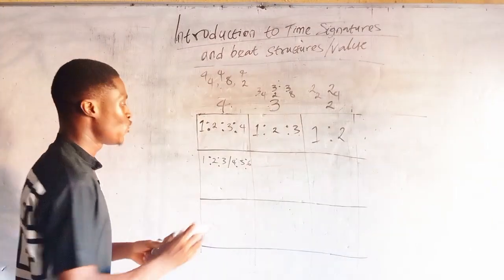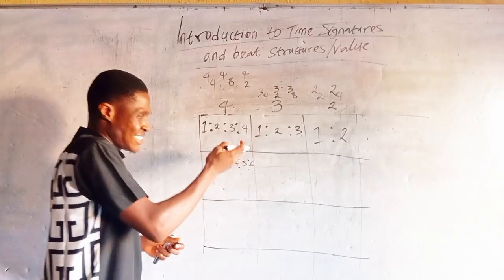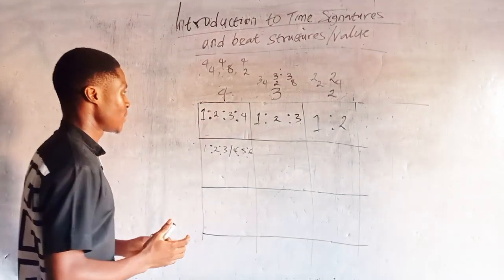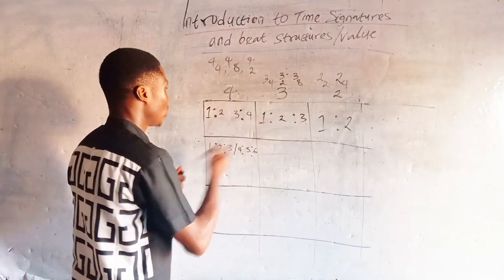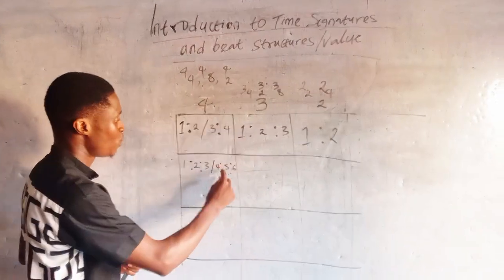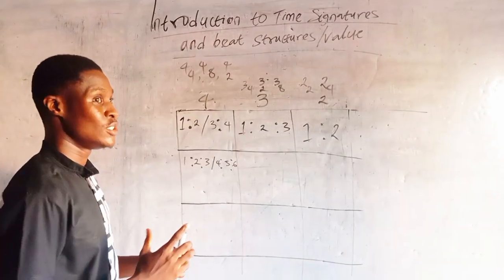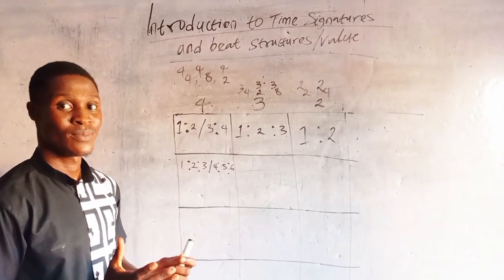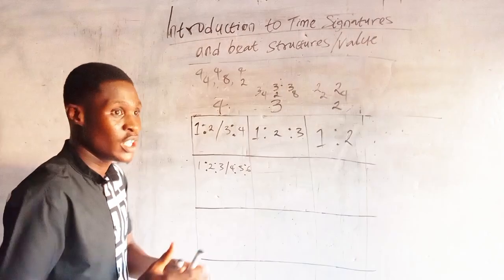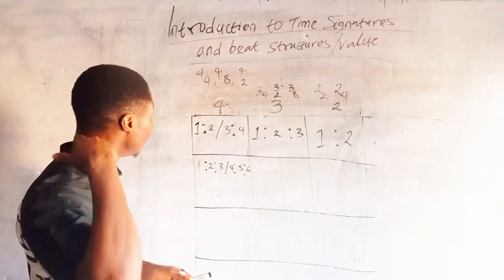Now we can replace a full pulse mark with this slant stroke. Yes, we can do that. Even at this point, we can also do that. So there's no difference between a full pulse mark and this stroke. They are the same. We will explain more about this stroke and where to fix these strokes in our subsequent videos.